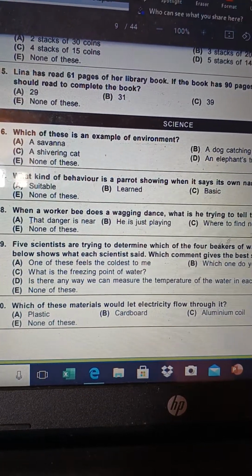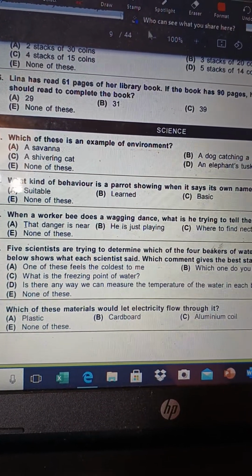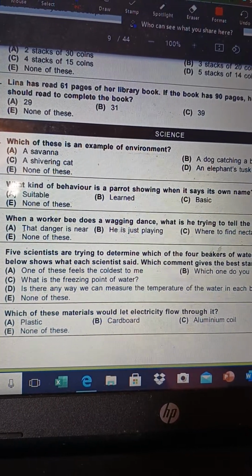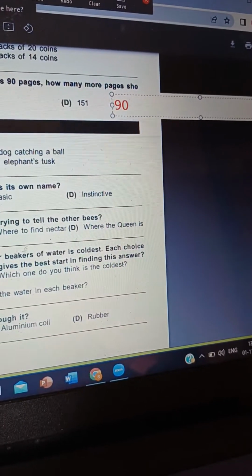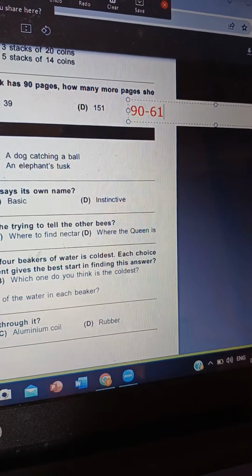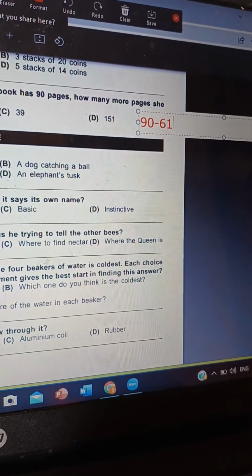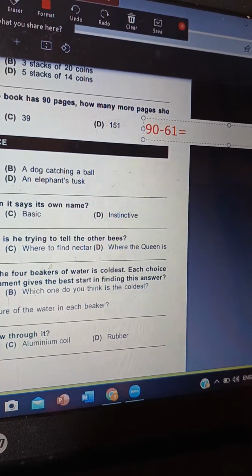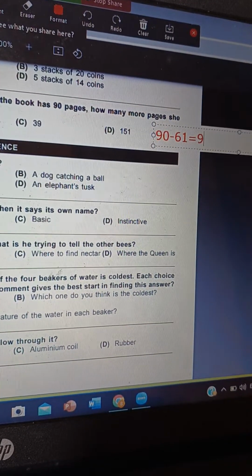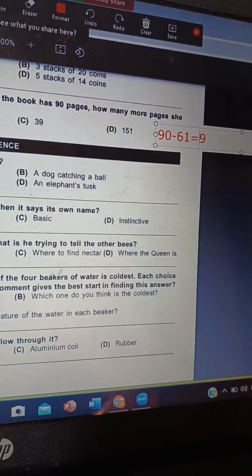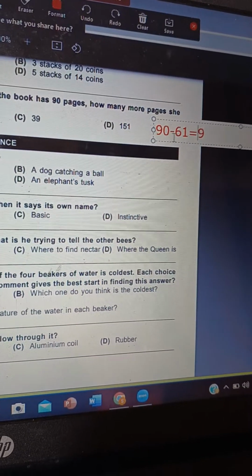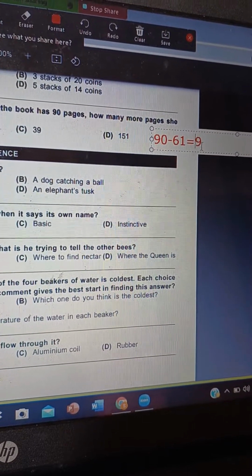She had already read 61 pages, so we just have to subtract. So 90 minus 61. 0 minus 1: since 0 is lesser than 1, we have to take 1 from 9 to make it 10. So 10 minus 1 is equal to 9.